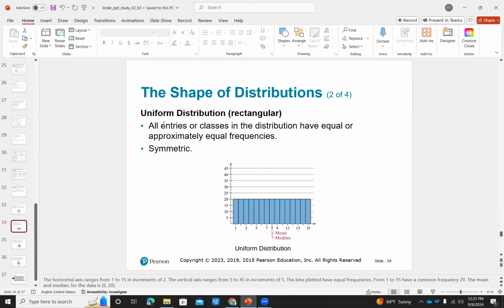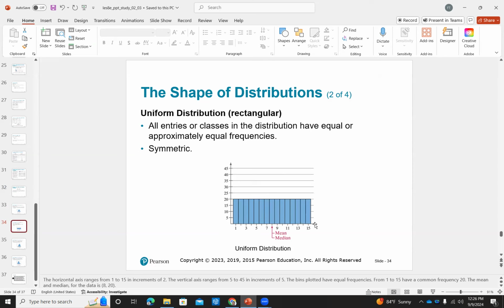Next one is the uniform distribution. You can also call it rectangular distribution. All entries or classes in the distribution have equal or approximately equal frequencies. And then it's also symmetric. So what they're saying is, the first number 1 has a frequency of 20. The next number 2 has the frequency of 20. Next number 3 has the frequency of 20.